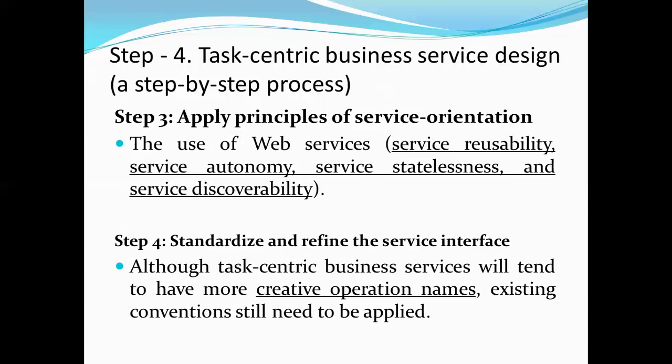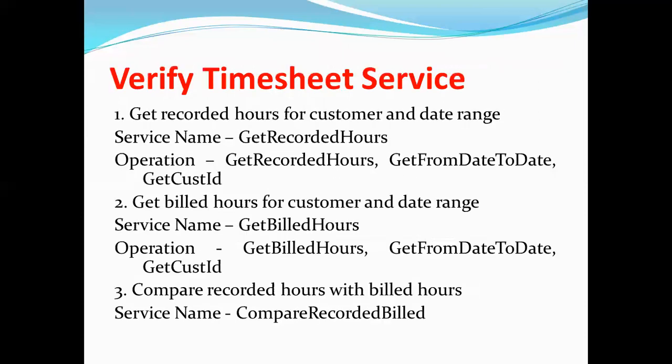So let us see some of the operation names identified for the timesheet submission process. Verify timesheet service: from that I have taken three different services performing the task. The first is the condition of acceptance of the timesheet service: get recorded hours for the customer and date range. So the name of the service is get recorded hours.